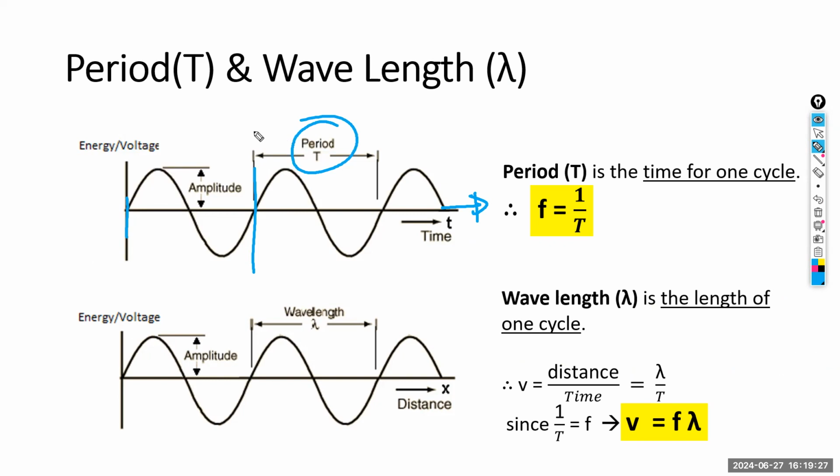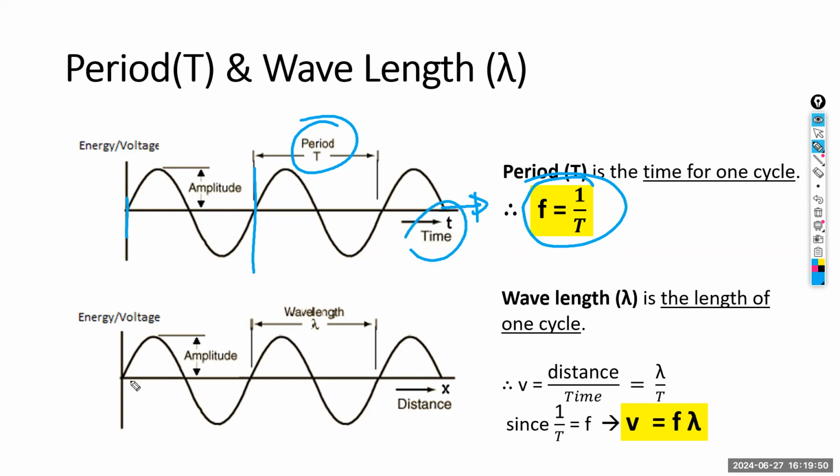Remember, frequency is number of cycles per second. So obviously frequency is 1 over period. F equals 1 over T. T is measured in seconds, usually in nanoseconds or milliseconds.